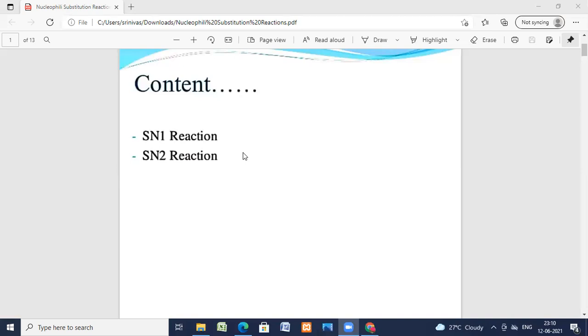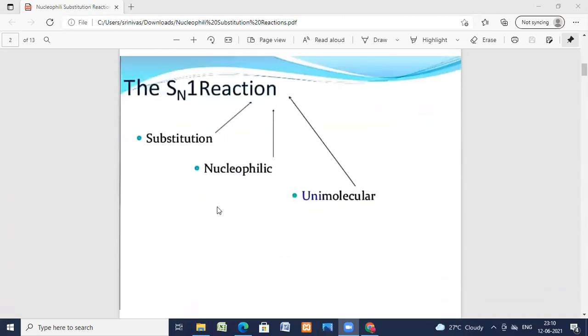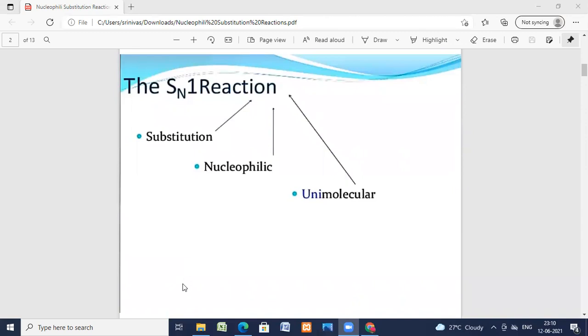Now we'll see nucleophilic substitution reactions. Before coming to the SN1 and SN2 reactions, we will see nucleophilic aliphatic substitution reactions.